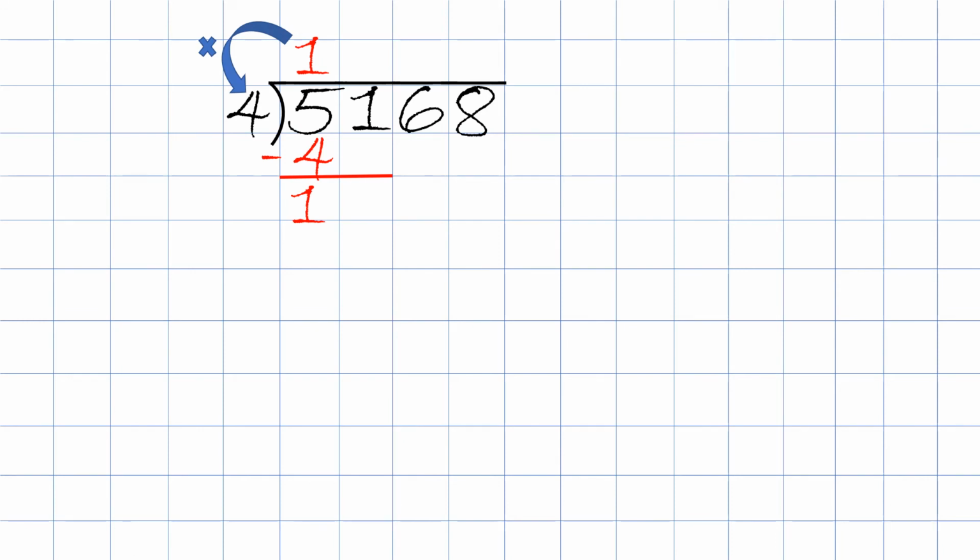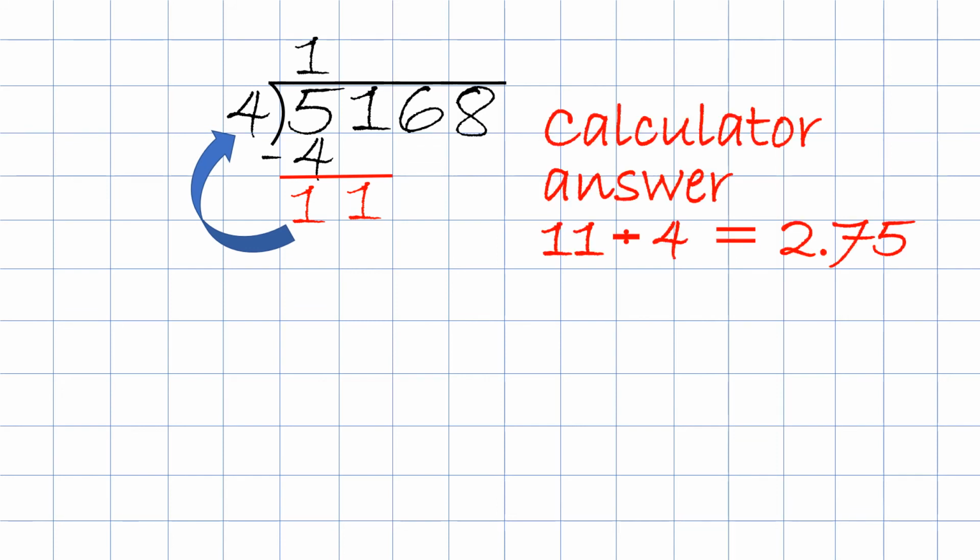Then we go to the 1 next to the 5, and we bring it straight down, so now we have 11. We then take 11 divided by 4. And once again, you could use your calculator, a math reference chart, a multiplication chart, or do it in your head. And 11 divided by 4 will be 2.